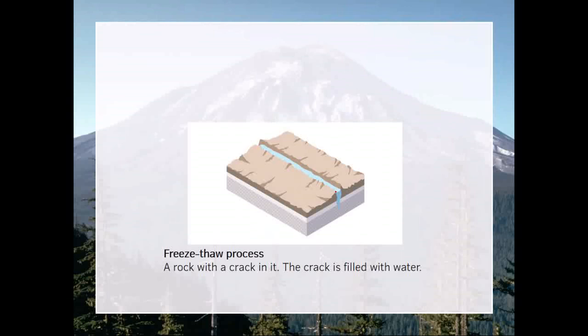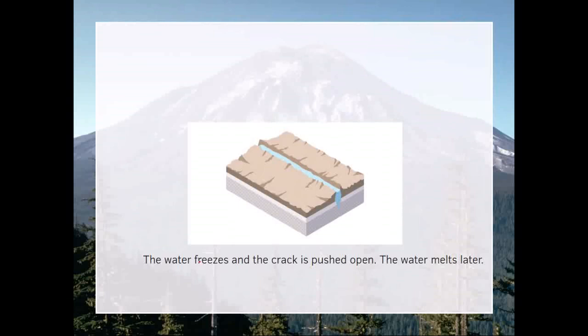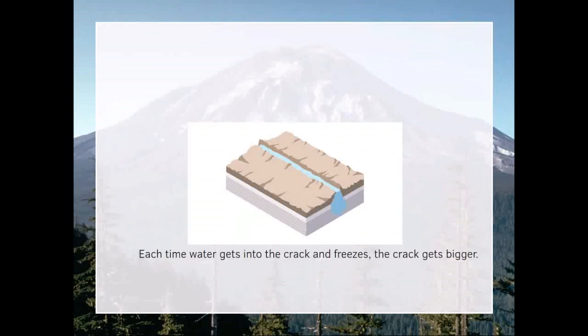The water is in liquid state. By time, when the temperature becomes colder, the water will freeze. So when the water freezes, it expands. So it's like pushing the crack or making the crack bigger. Then after a while, the temperature will change again and the water will melt.